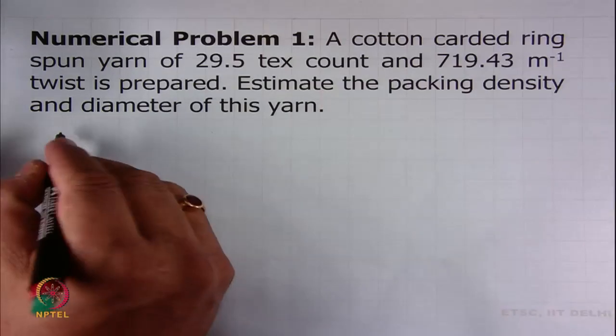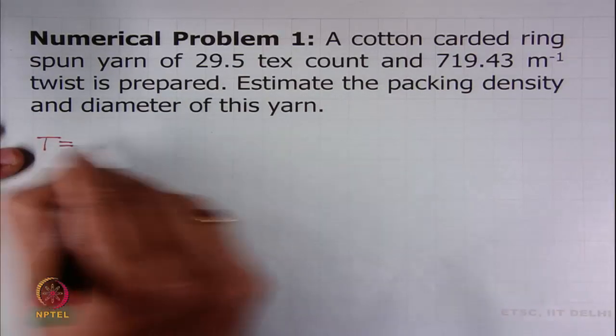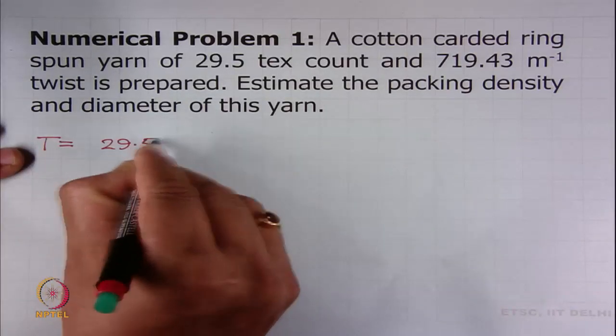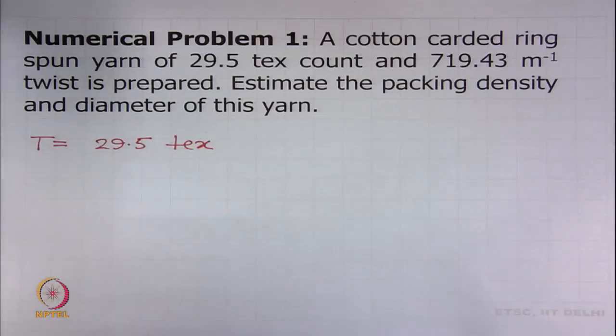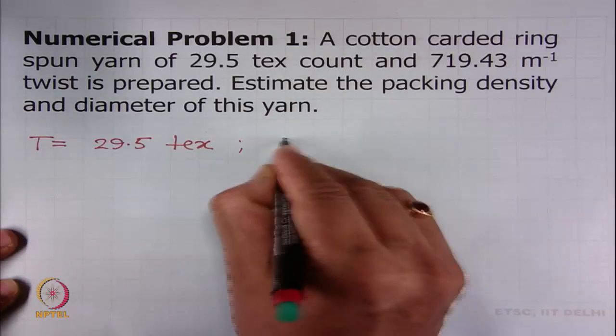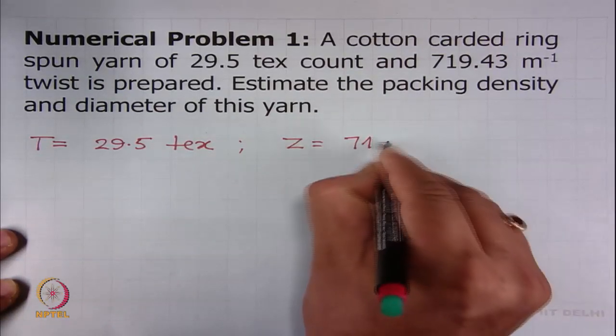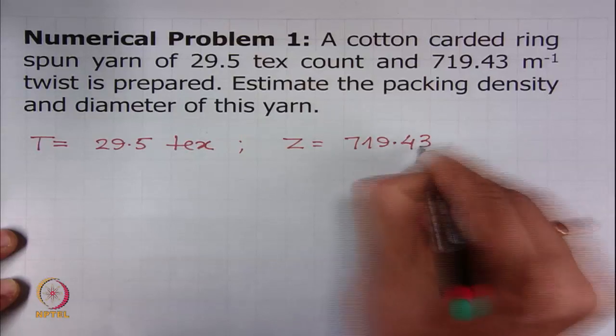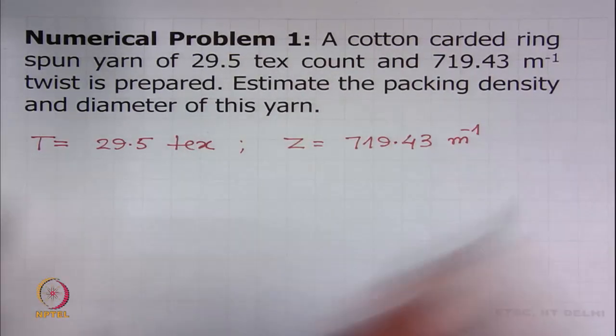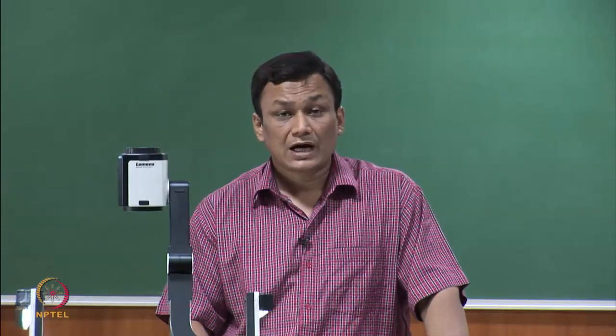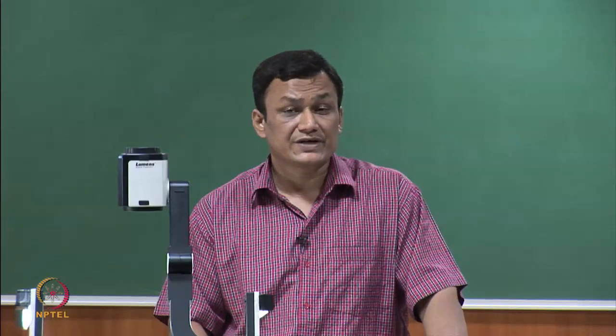So, capital T is given, 29.5 tex, and twist is also given, 719.43 meter inverse, is prepared. Estimate the packing density and diameter of this yarn. So, we will now demonstrate how we can use the previous equation to solve this problem.